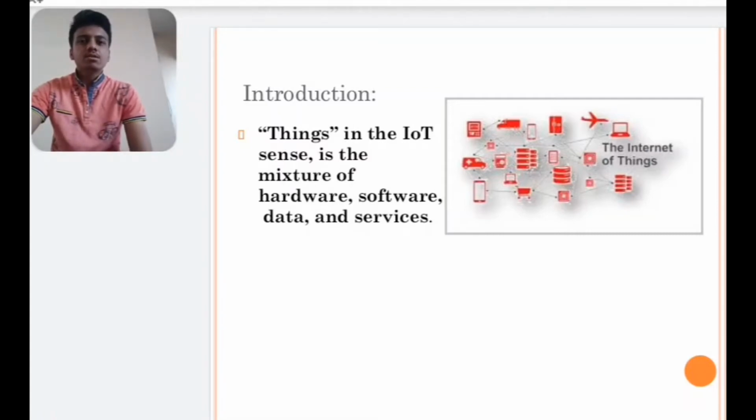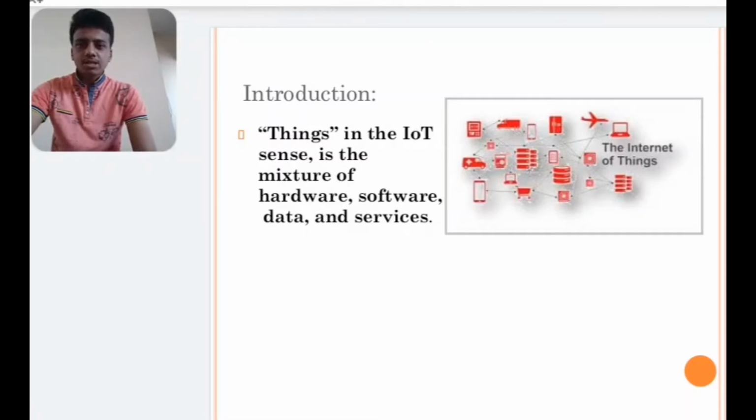Hardware is like the devices which we use for this transfer of data, like our mobiles and laptops, and the software is basically the program which is programmed into these devices. The data is what you are going to share, and the services are like the applications through which we are going to share this data. So those are the internet based applications.